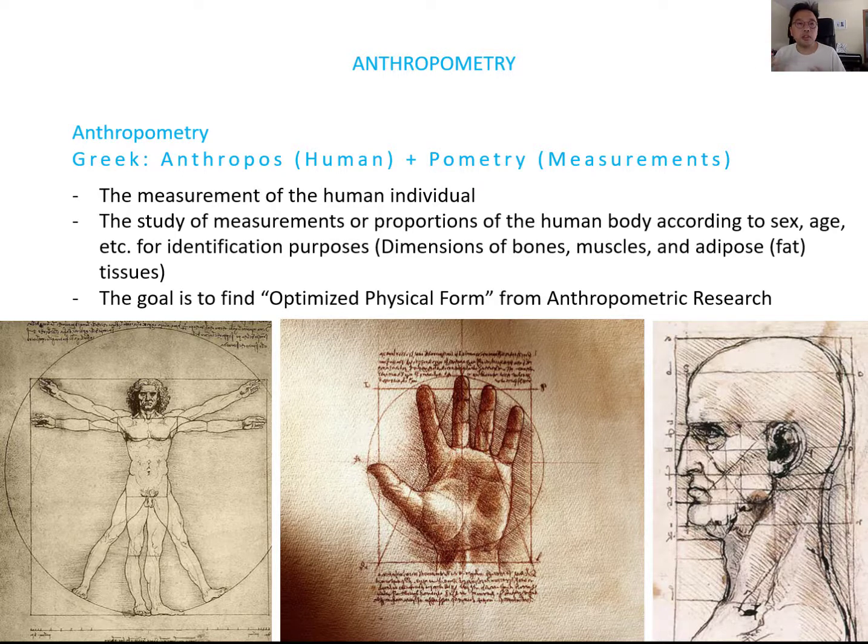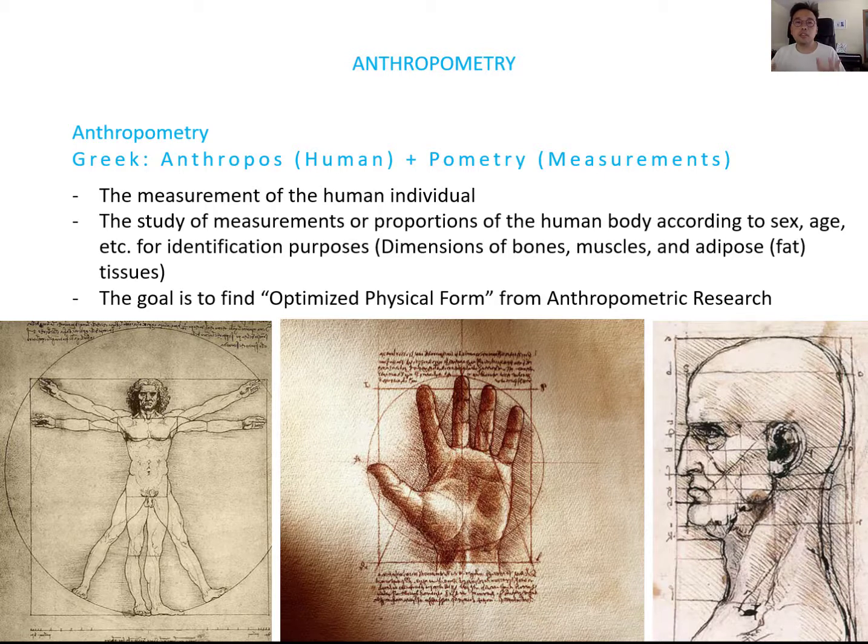It means the measurement of the human individual. It is the study of the measurement or proportion of the human body according to gender, age, and so on. So this is getting some average numbers to get the human dimension data.